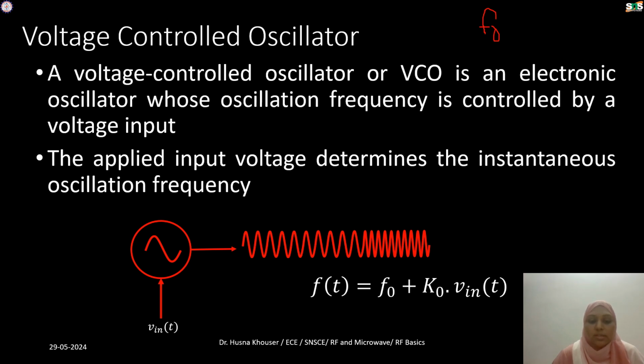Here you can see that when we change this input signal, the output signal also varies. For example, this is the formula for f of t as the output. Here f naught is a constant and will not change. When we vary the voltage V of the VCO, obviously the output signal also will vary.